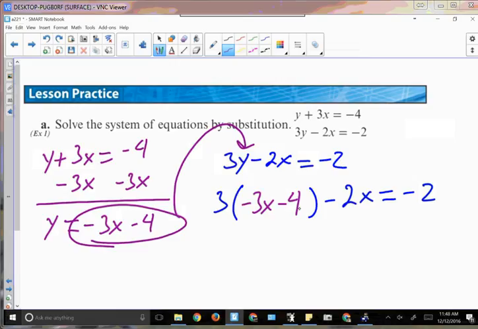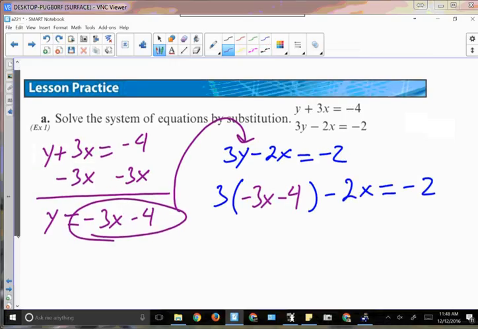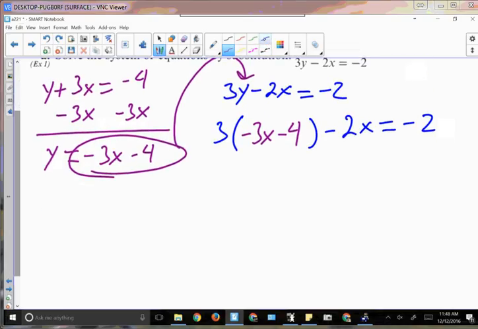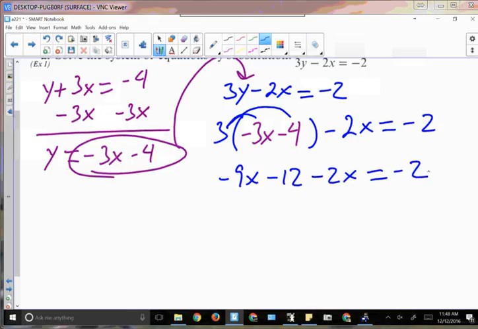Okay? So now, I go through the rest of this. Distributive property, so that gives me negative 9x minus 12 minus 2x is equal to negative 2. Adding the like terms here and here. Negative 11x minus 12 is equal to negative 2.